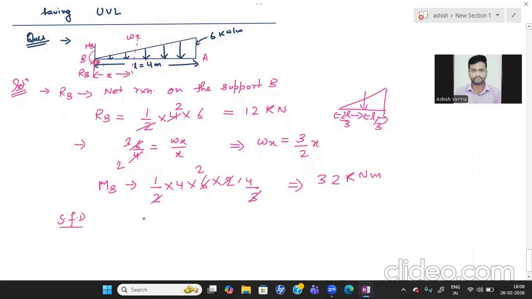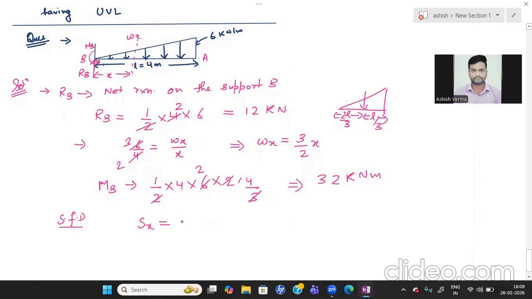The equation of shear force at the section X is equal to, if we see, one upward force that is RB and the downward force is the loading applied on the beam. So RB is taken as negative because it is on the left side of the section.